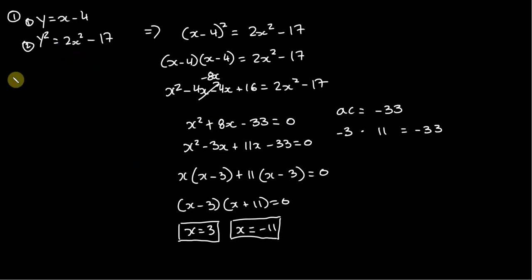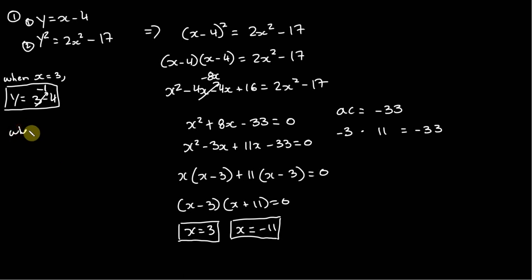When x equals 3, y equals 3 minus 4, which of course is negative 1. So y equals negative 1 when x equals 3. I'll just box that off. It's a bit messy, but that will do.